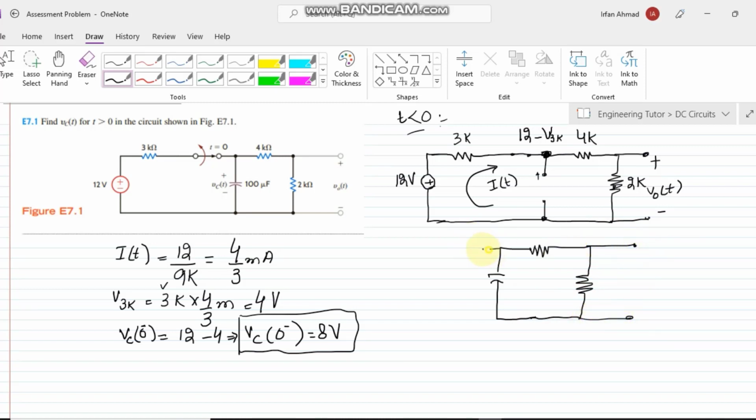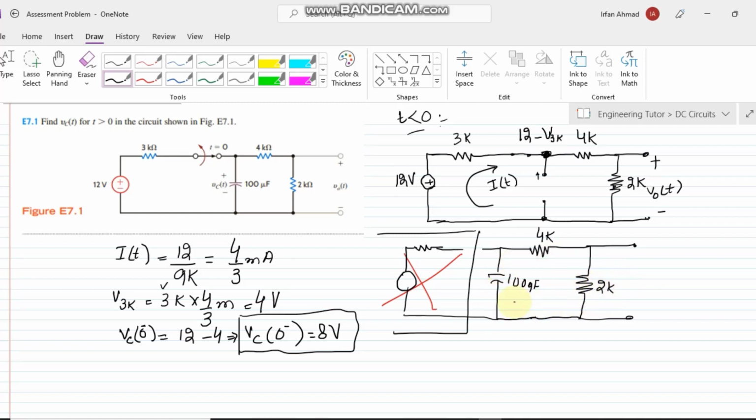As the circuit here is broken now, we are not going to touch this part, and all the circuit we have to do analysis with is this one. Here the prime source will be this 100 microfarad capacitor, this 4 kilo ohm resistor, and this 2 kilo ohm resistor. Okay, so this is the overall circuit.